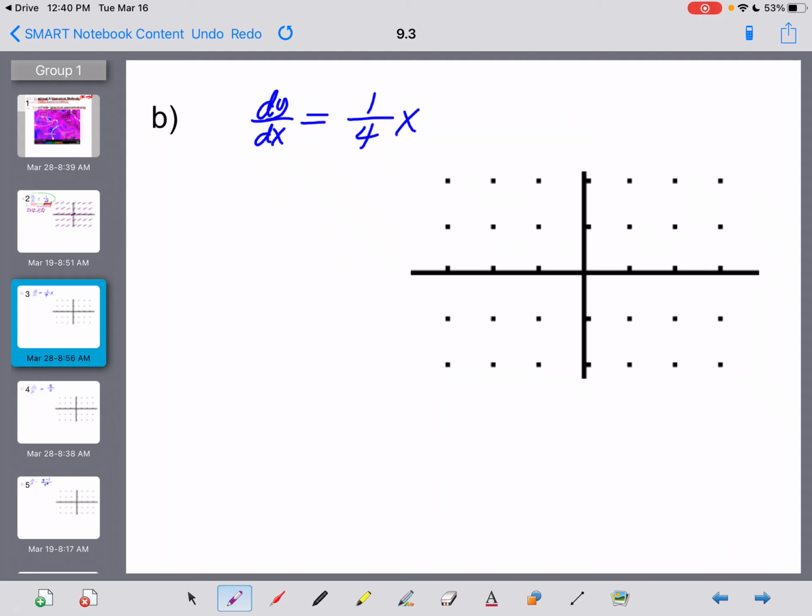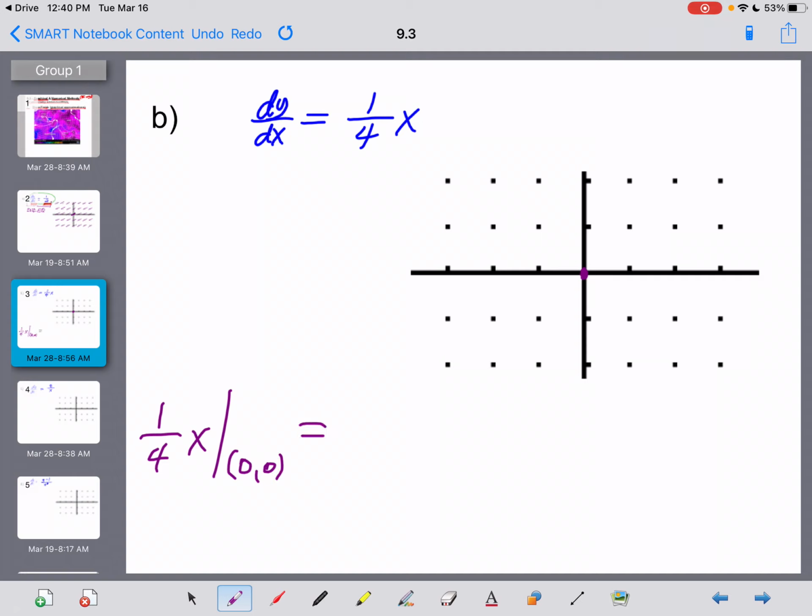Our derivative now, the slope of our tangent, is 1/4 times x. So what you're going to do is think about any of the 35 points here, and you've got to start somewhere. I always like to start at the origin. So at the origin, which last I checked is right there, the coordinates obviously are 0, 0. And if I were to evaluate, you're not really going to write this down, guys, but if I were to evaluate the expression 1/4 x at the origin, 0, 0, well, what's that going to get us?